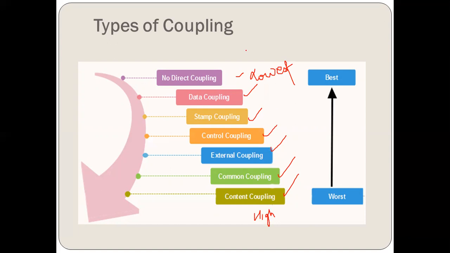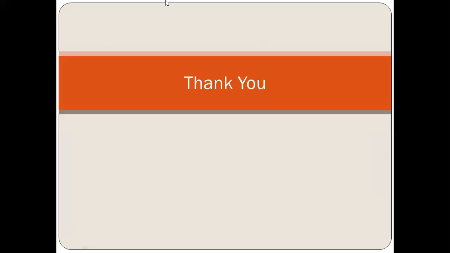As we know, for a good design the coupling should be low among the modules. That is why no direct coupling is considered the best coupling, and content coupling is considered the worst coupling. This is how the degree increases in coupling. So I think that's all for modularity and functional independence. Thank you very much.